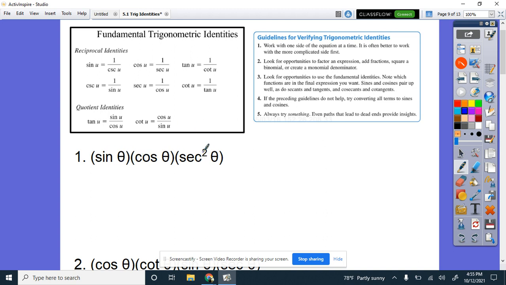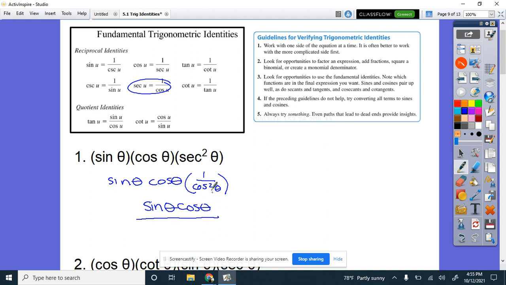However, secant squared, I know that secant is 1 over cosine. So if I write this out, sine theta times cosine theta, and then times 1 over cosine squared theta. When I write this out, sine times cosine times 1 is sine theta times cosine theta, all over cosine squared.